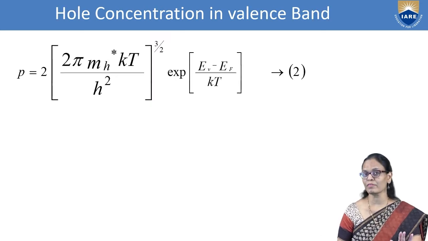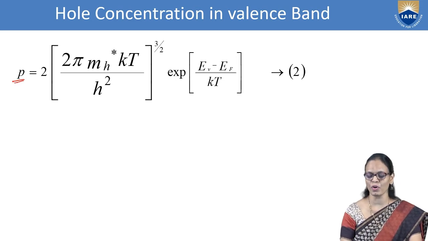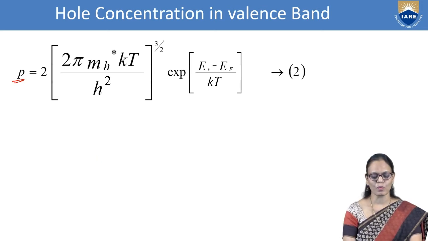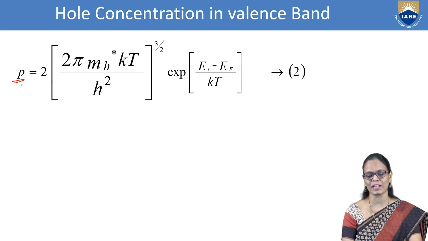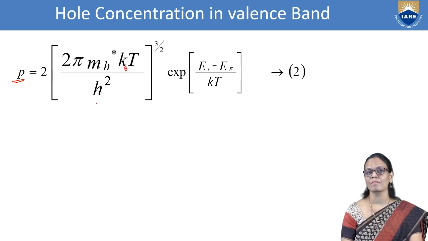Now we have derived an expression for p, that is the concentration of holes in the valence band. We have already derived this expression. You can refer to our previous videos for this derivation, hole concentration in valence band. So the concentration of holes in the valence band is given by 2 into (2 pi mh star kBT by h squared) exponential (Ev minus Ef) by kBT.